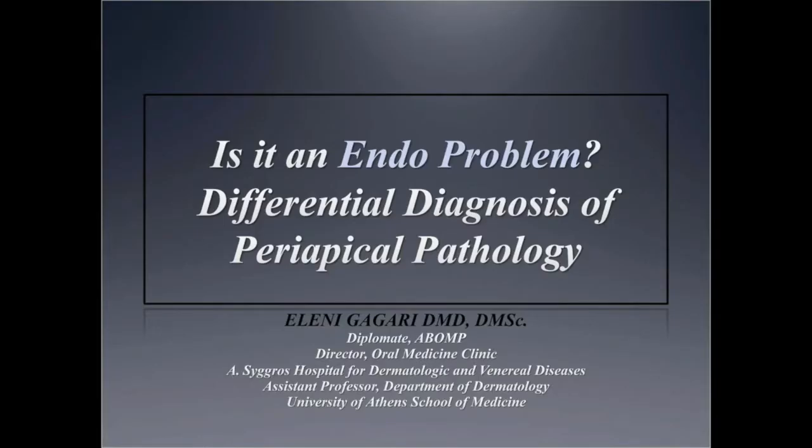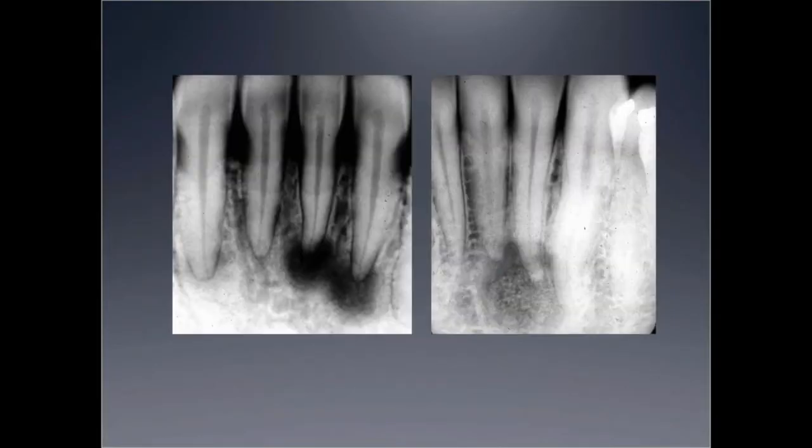In that 1% of the time, though, you should bear in mind that those cases that get missed or misdiagnosed have a danger element to them. About 30% of those cases that are not classic periapical pathology could be malignancy. And so I think it's a good idea to take a journey down that lane and see what it could be. So let's start with the good news first, the benign lesions.